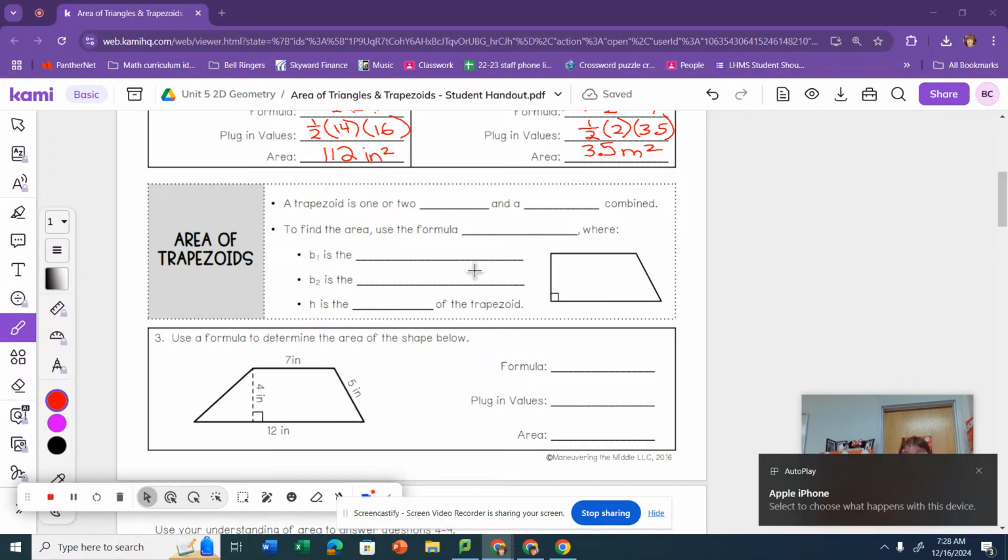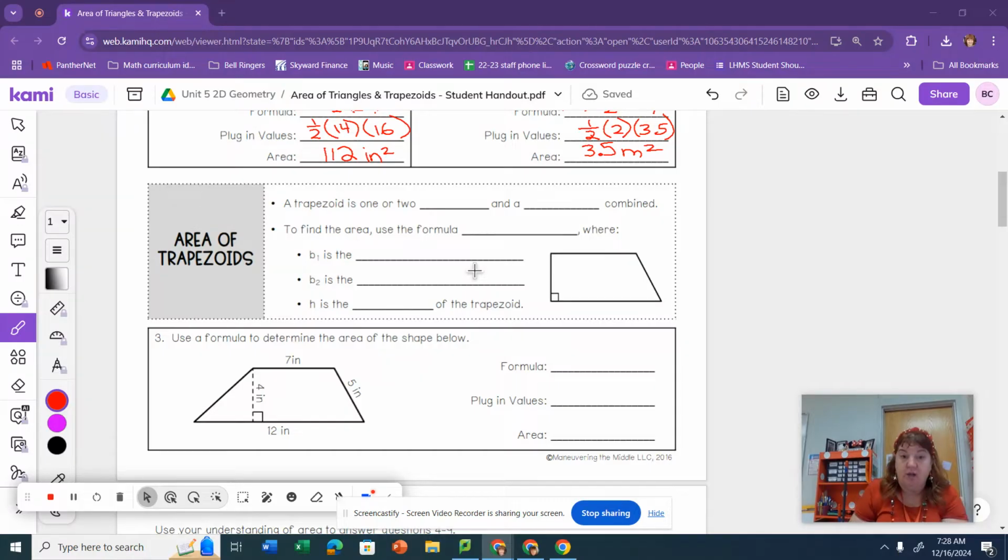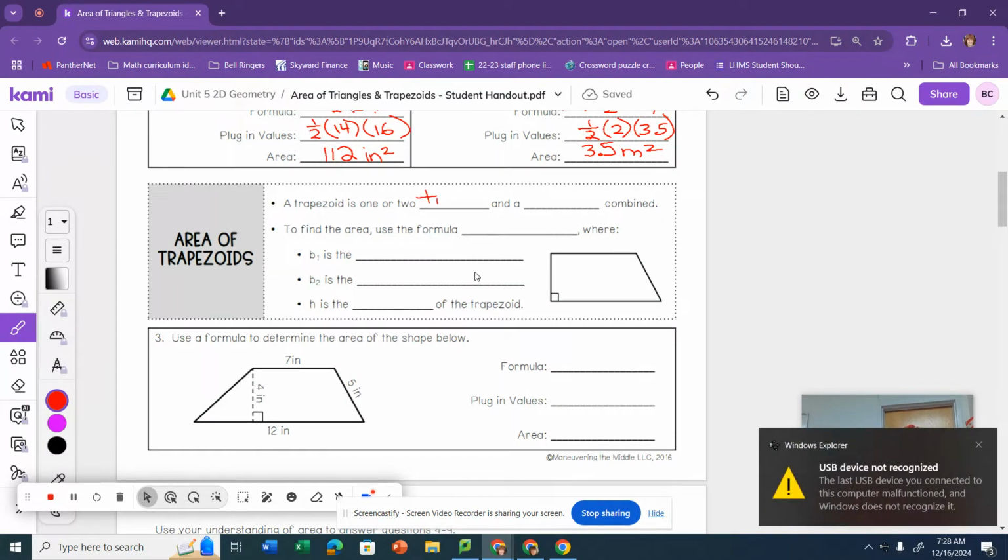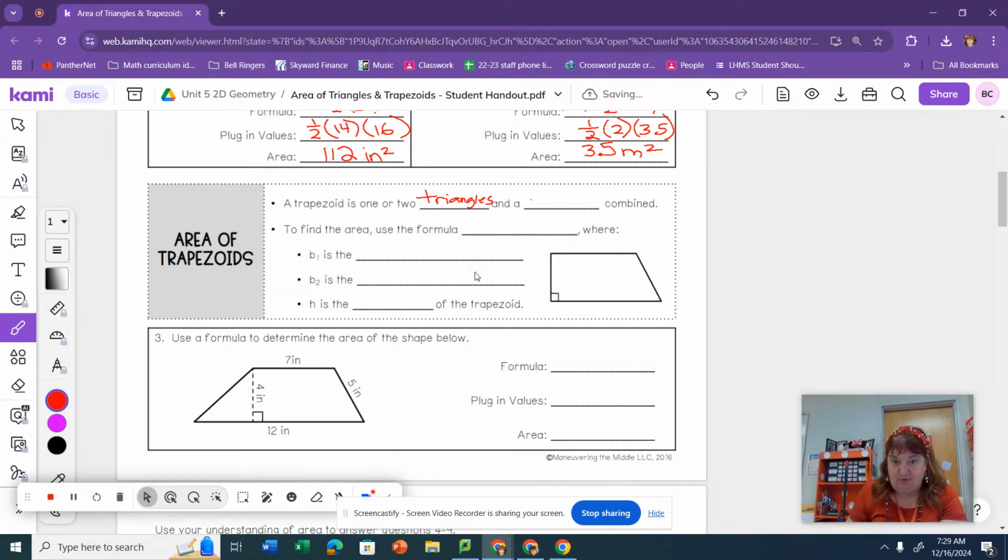A trapezoid is one or two triangles and a rectangle combined. They're put together. So like if you look at this right here, if I come down, let's make a straight line.